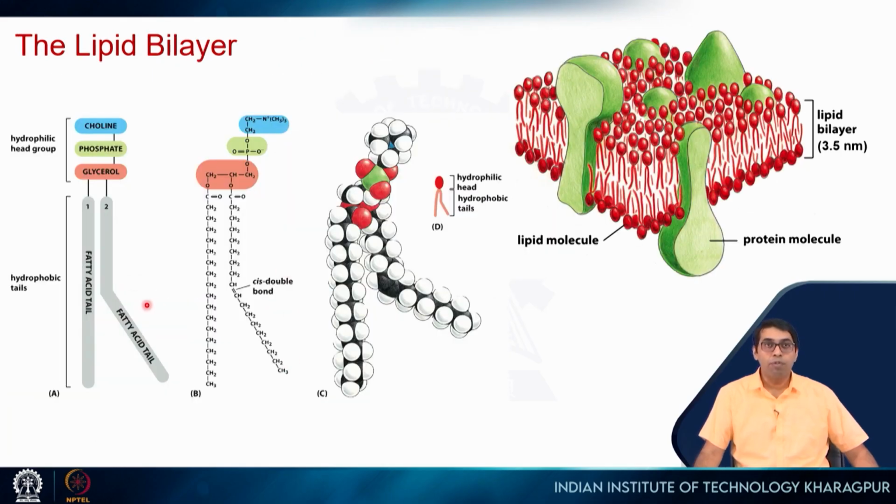The plasma membrane is formed by a lipid bilayer. We have already seen this when I discussed membrane proteins. This is a lipid molecule and it has a charged head group and a fatty acid side chain, right. It forms a bilayer like this on which these membrane proteins are embedded.